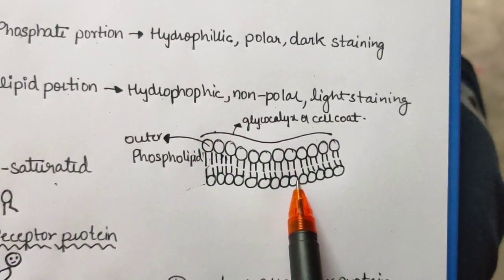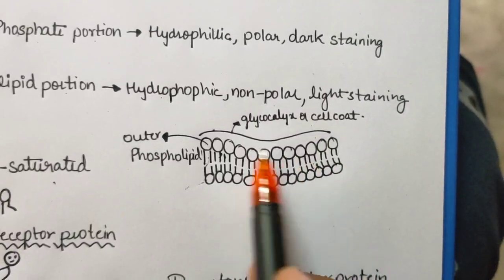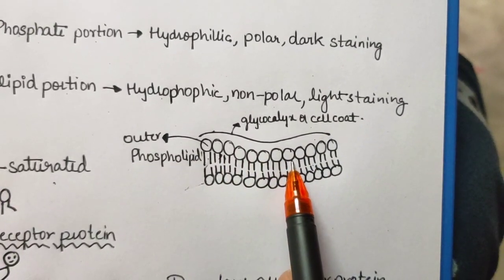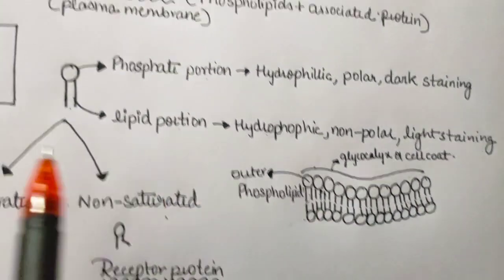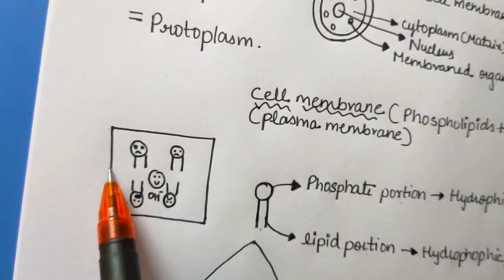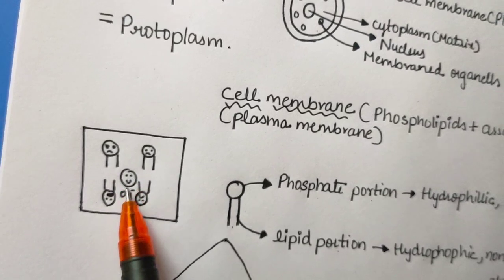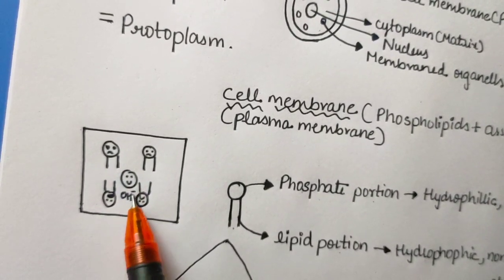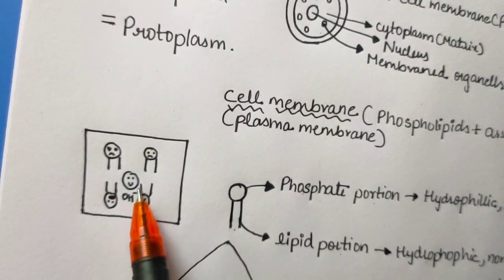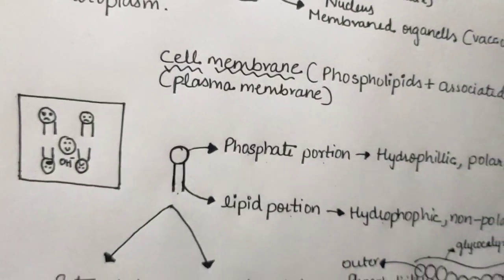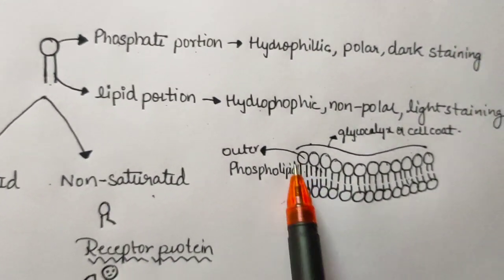Now this is the lipid bilayer seen in the cell membrane or plasma membrane. Sometimes we see cholesterol between the phospholipids, which has a hydroxyl group at the end, because it is polar in nature.